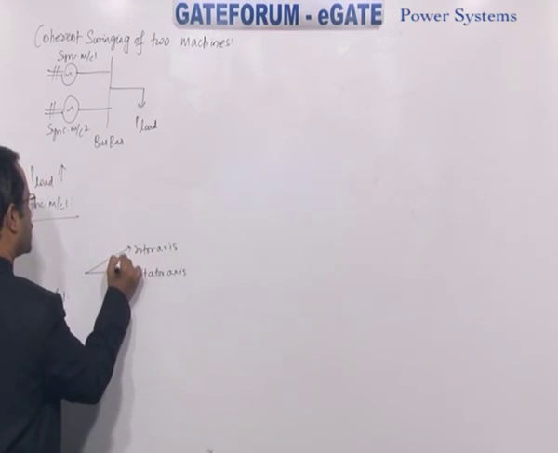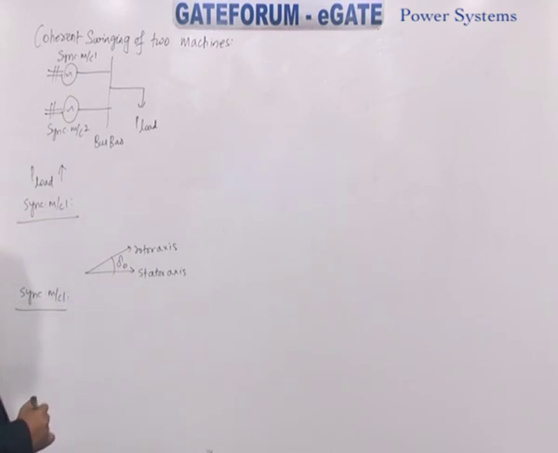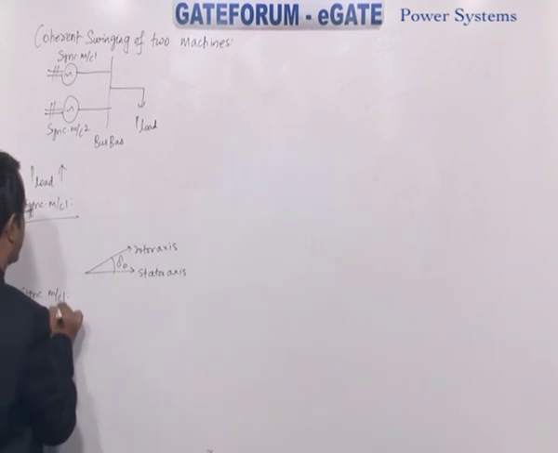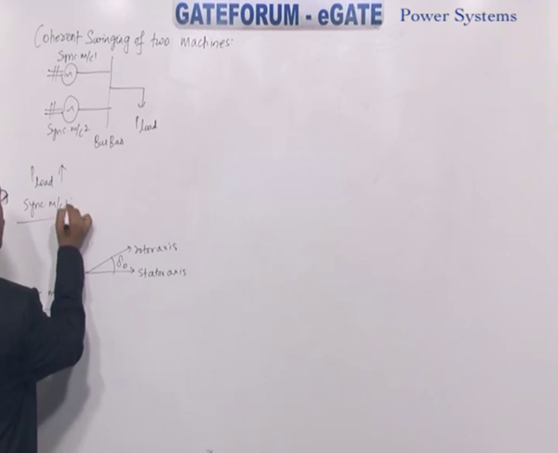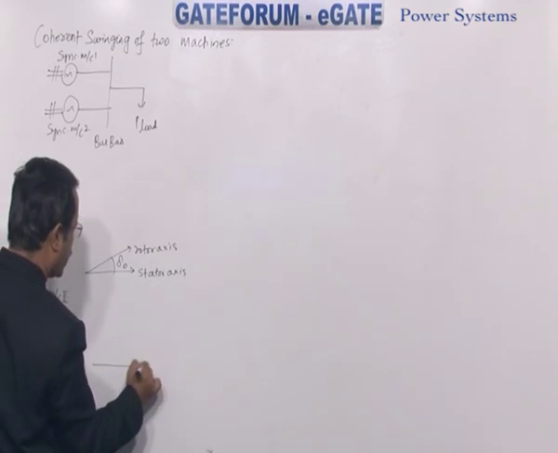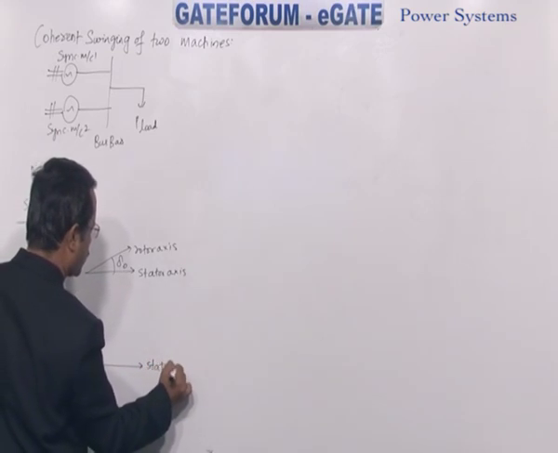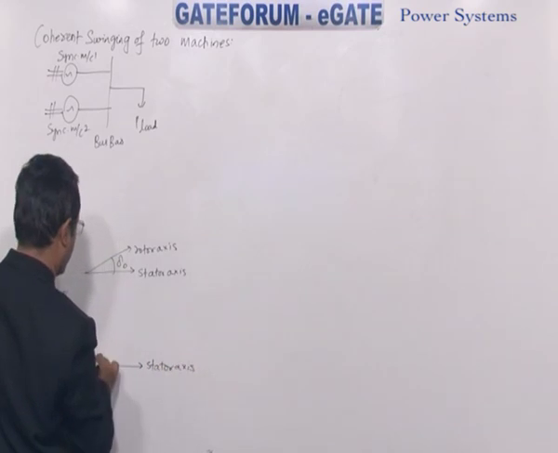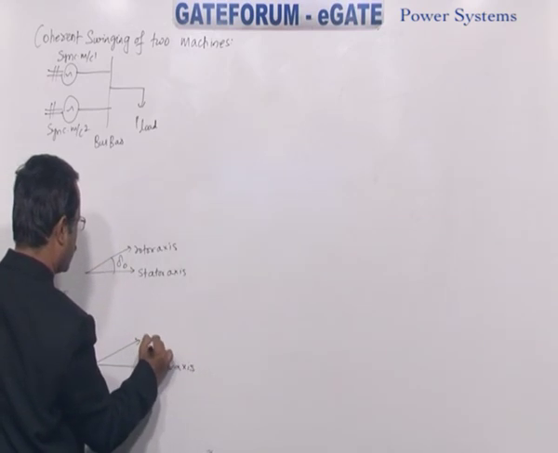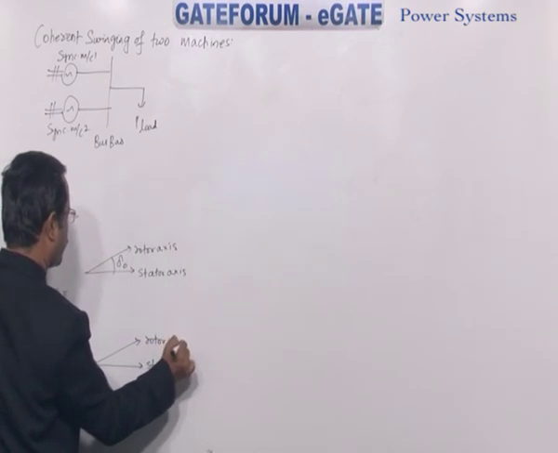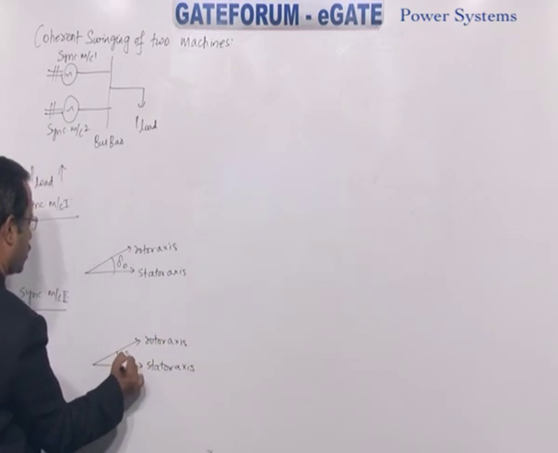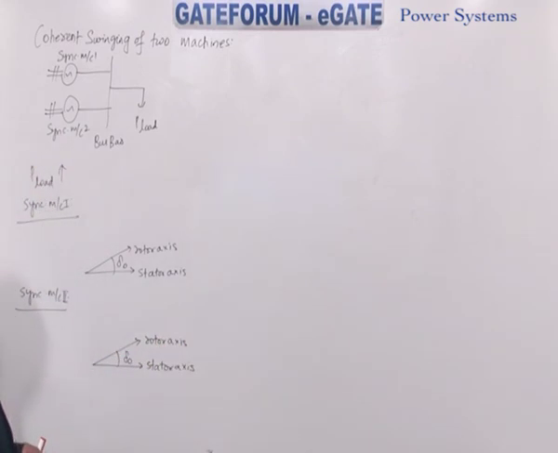You represent it as the initial load angle delta naught. Same thing for synchronous machine 2 also. First we have the stator axis, next we have the rotor axis. Initial load angle is delta naught.